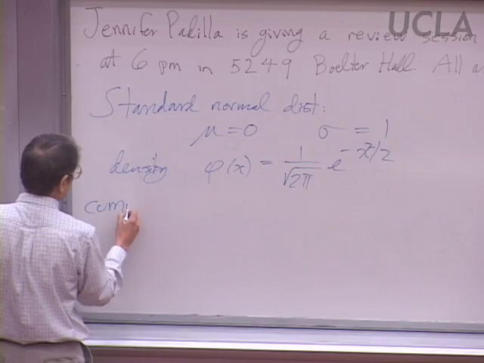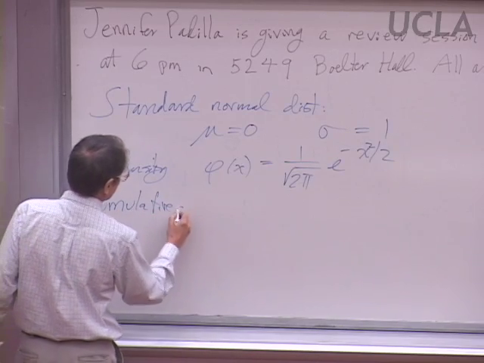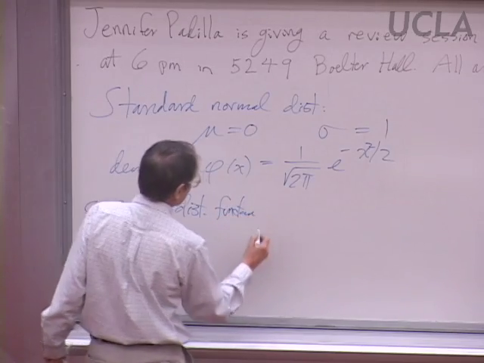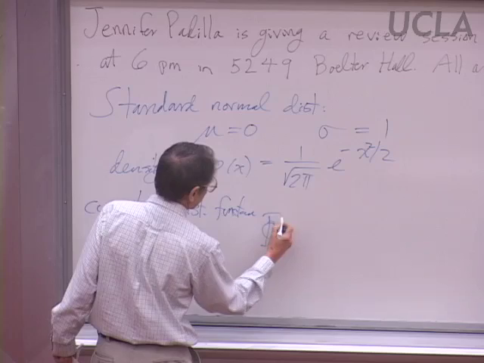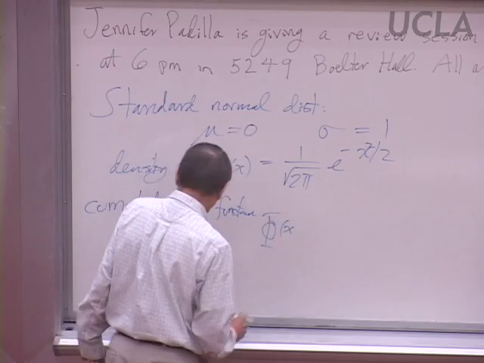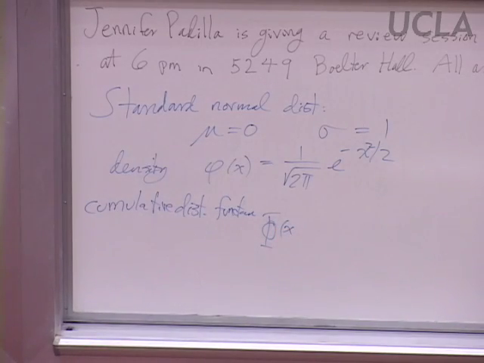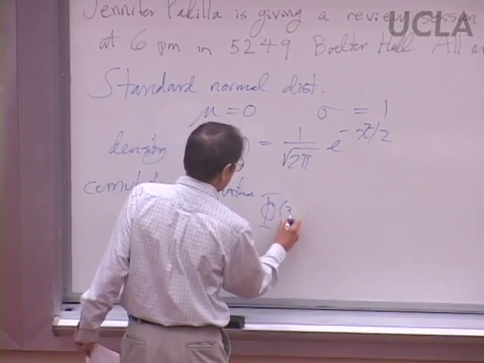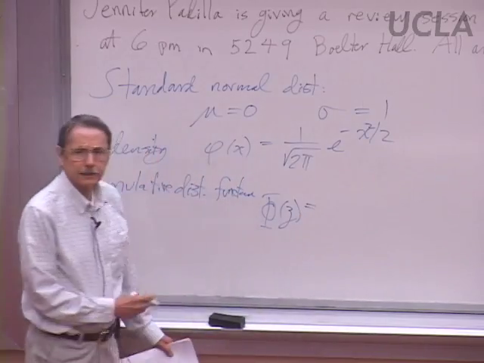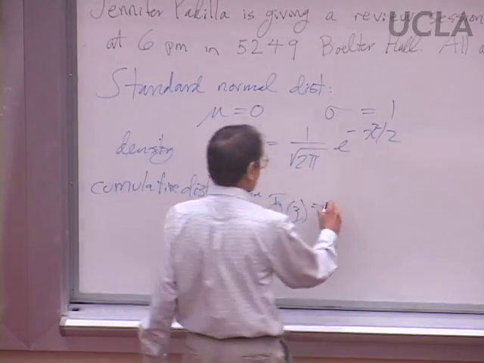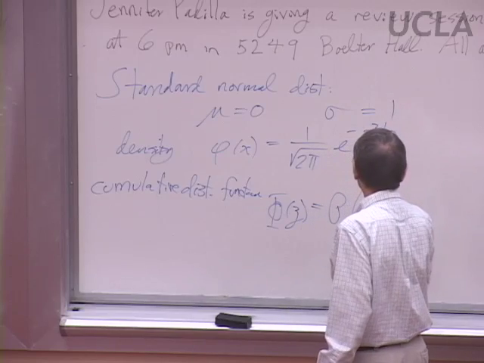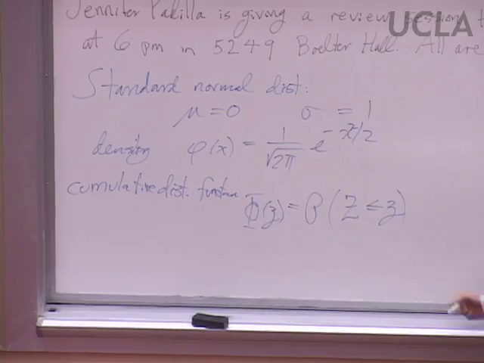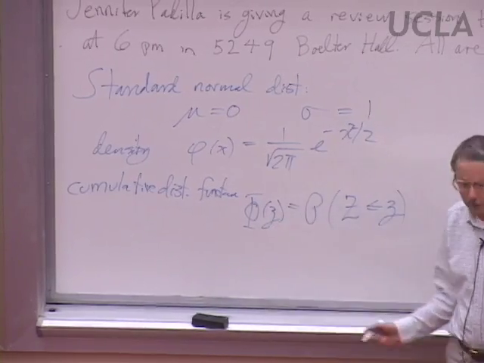And then we talked about the cumulative distribution function. It's called capital phi, whose value at some number, say, z, is the probability that the random variable, call it capital Z, has value less than or equal to this number.